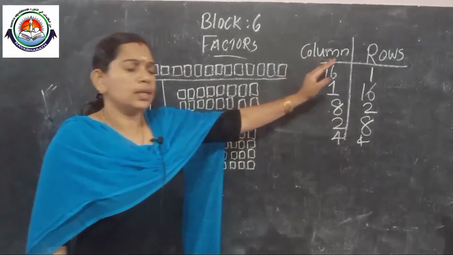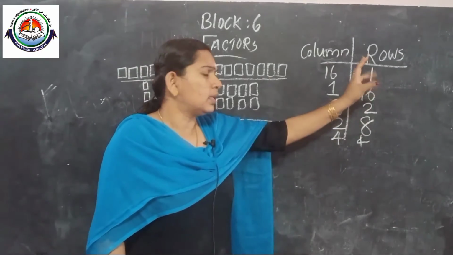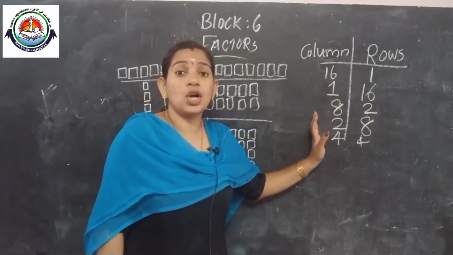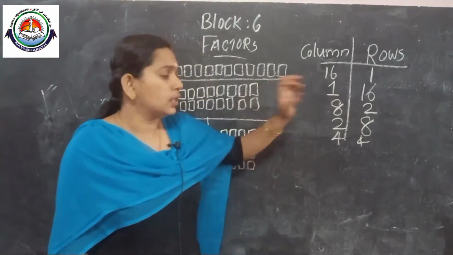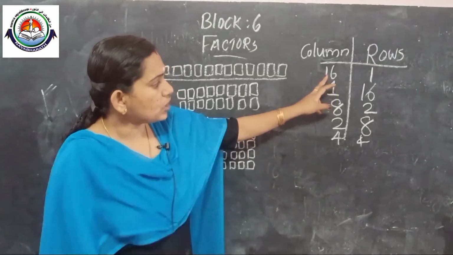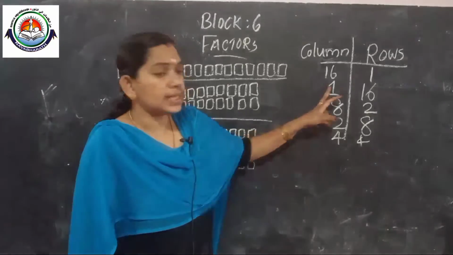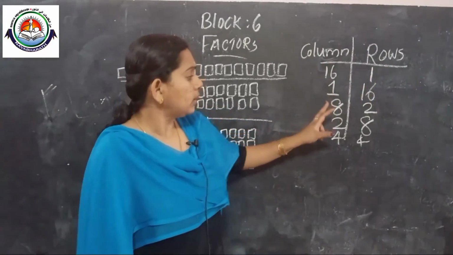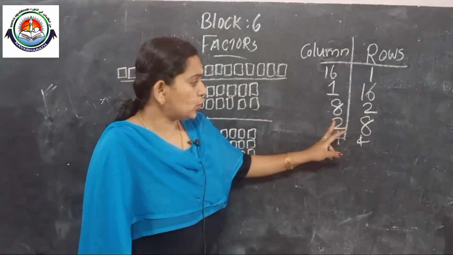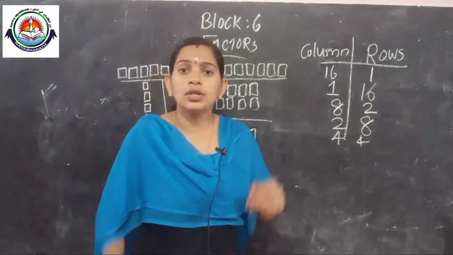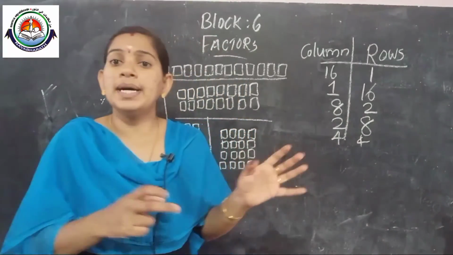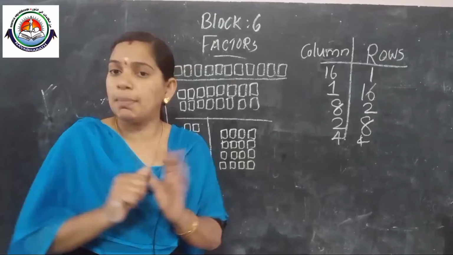So look at the numbers in columns and the numbers in rows. 16 here, rows also 16. 1 is there, rows also 1. 8 here, also 8. 2, 2, 4, 4. So the numbers in columns and rows are the same numbers.